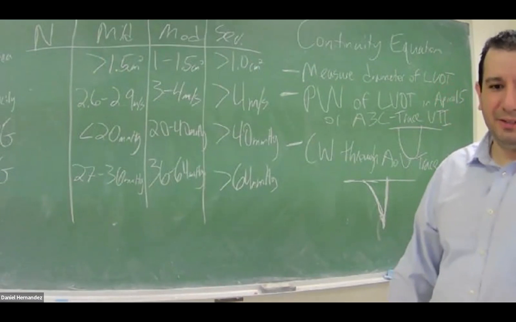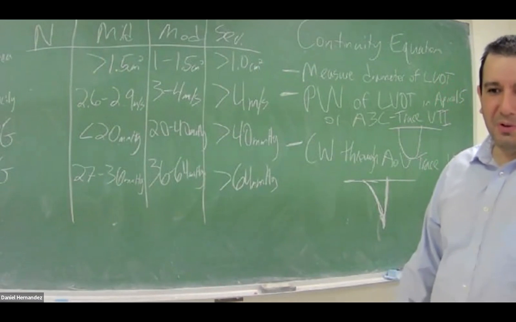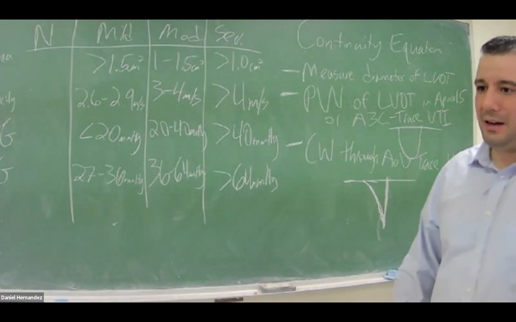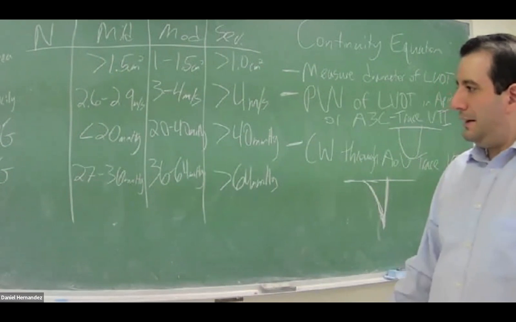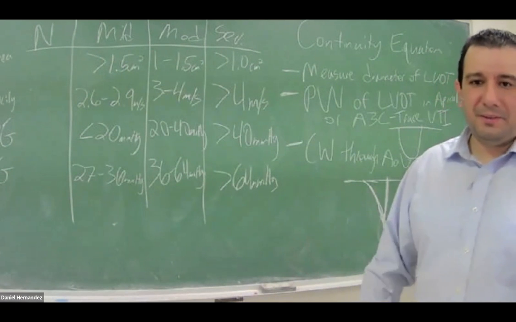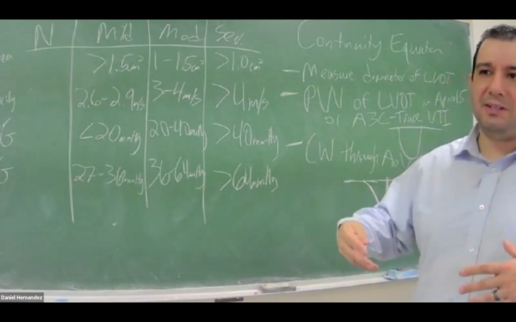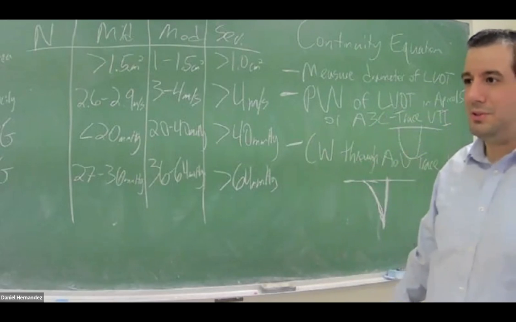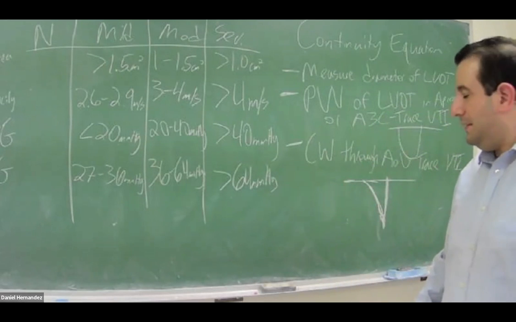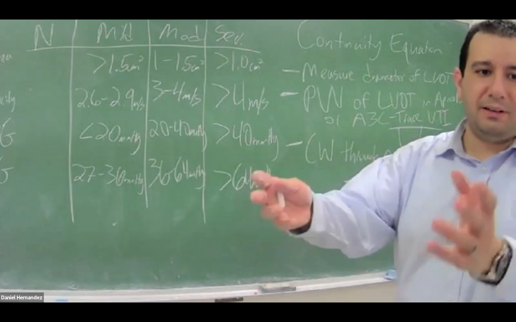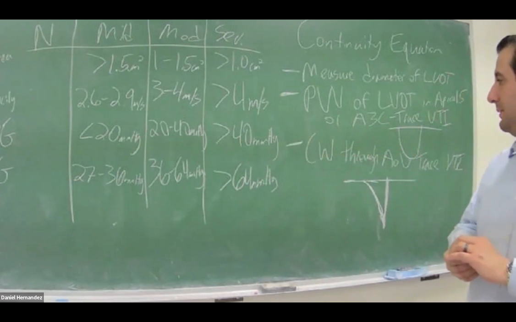So yes, it is due to hypertrophic cardiomyopathy, which is asymmetrical septal hypertrophy that creates that obstruction in the left ventricular outflow tract.